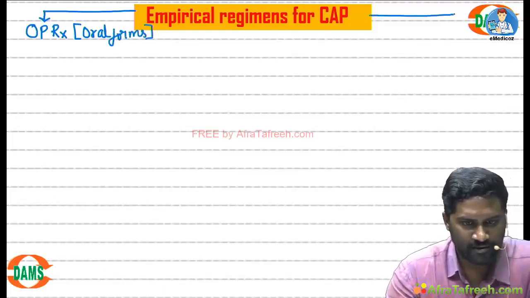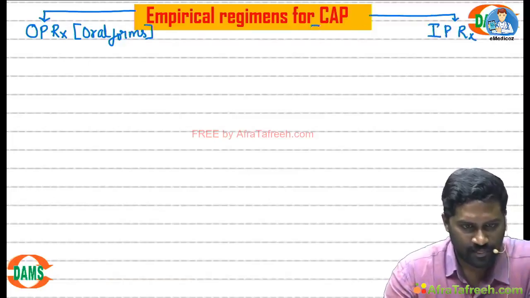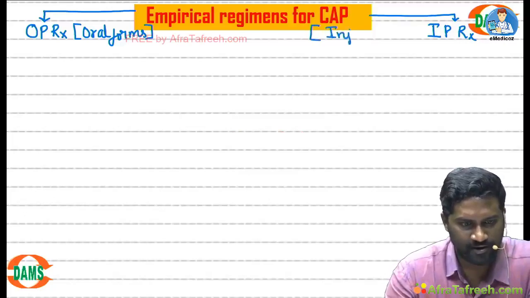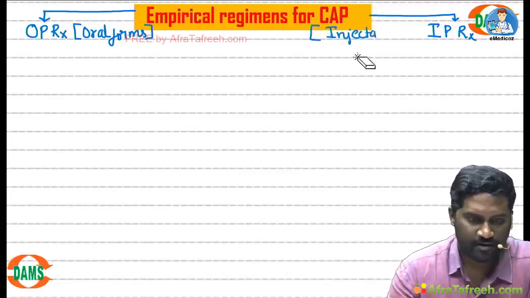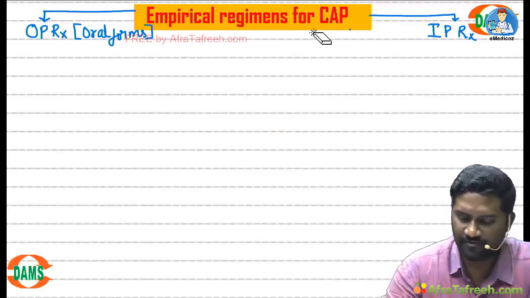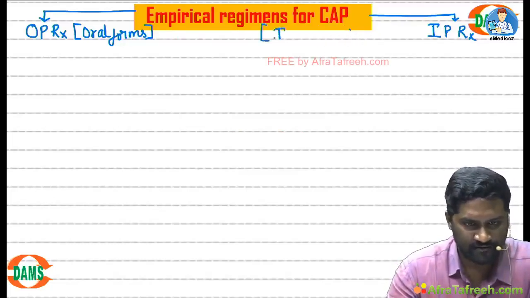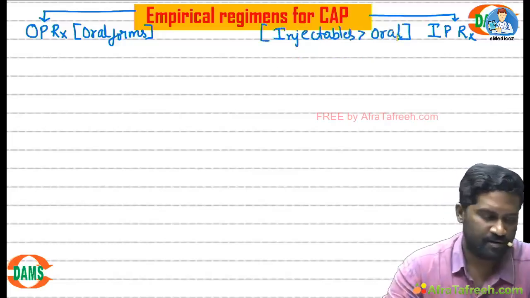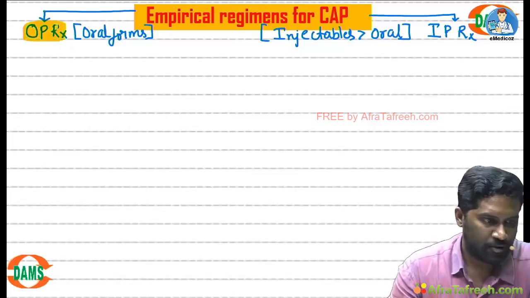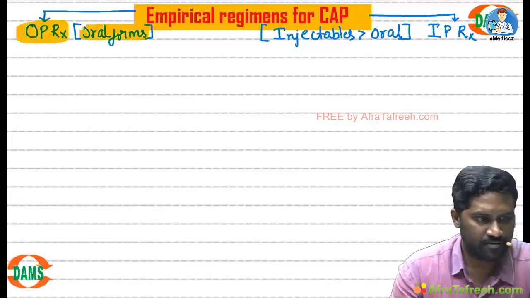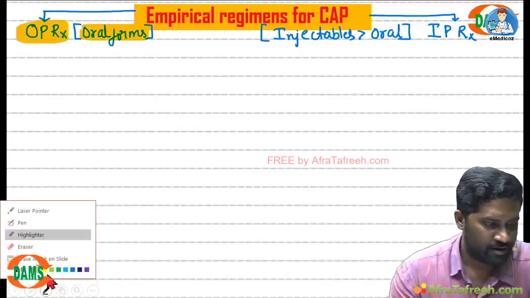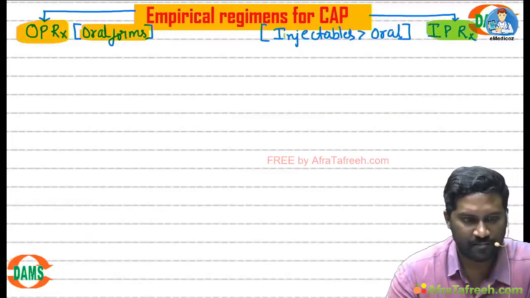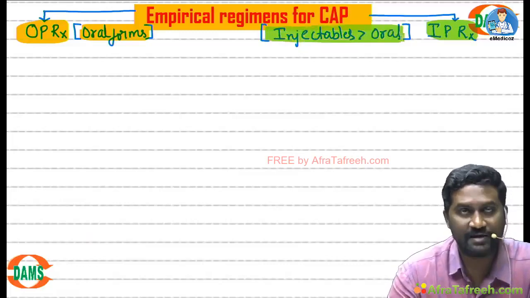Or is it inpatient treatment in the hospital? In the hospital we generally prefer injectables more than oral forms. So very simple, where exactly?